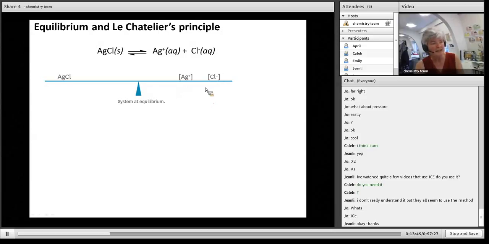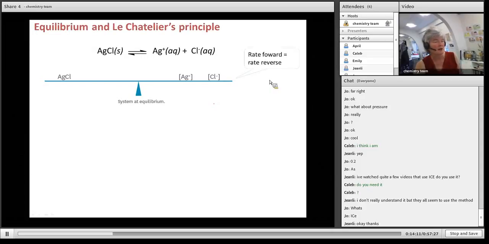But if I add more chloride to the mixture, then the system is going to have to change to minimize that chloride, because remember the K value wants to stay the same. So if I'm adding chloride, I've added a stress or a change to the system, so it's got to try and remove that chloride to make the K value stay the same.